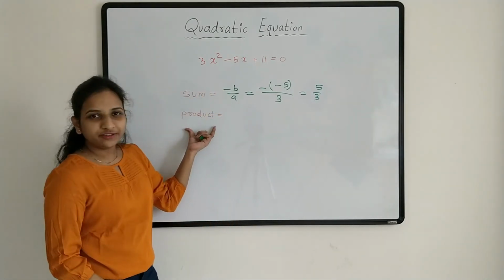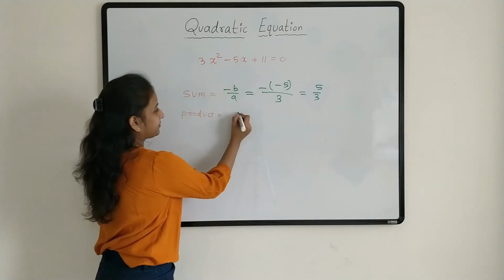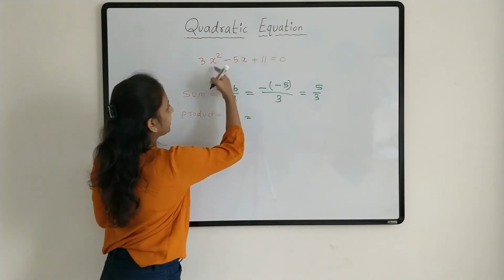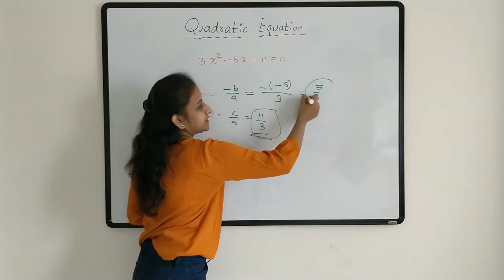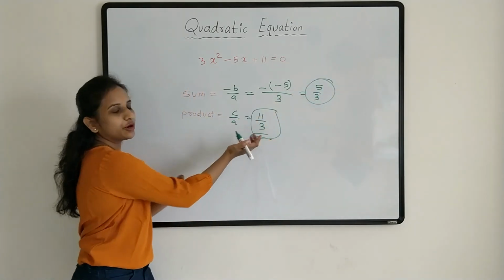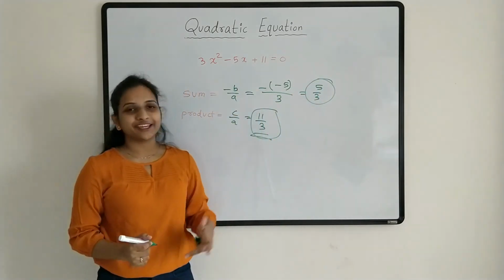And the product of the roots is C by A, which is nothing but 11 by 3. So this is the sum of the roots and this is the product of the roots of this quadratic equation.